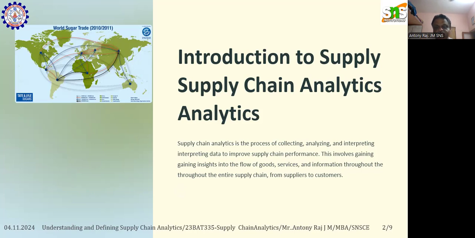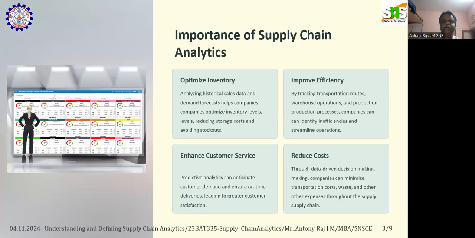From raw data, we get information involving the entire supply chain. And when we mean the supply chain, it's basically a connection between the suppliers, the customers, and the organization. So in this entire chain, we are going to do all this process. This is an overall view of supply chain analytics.